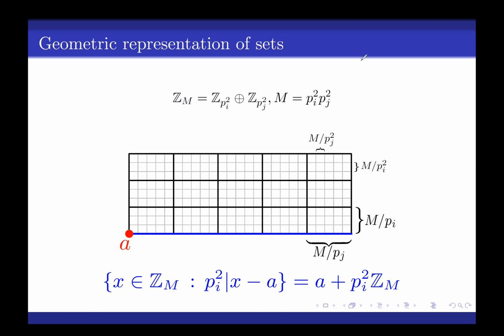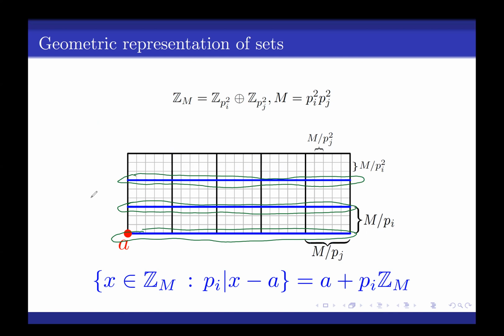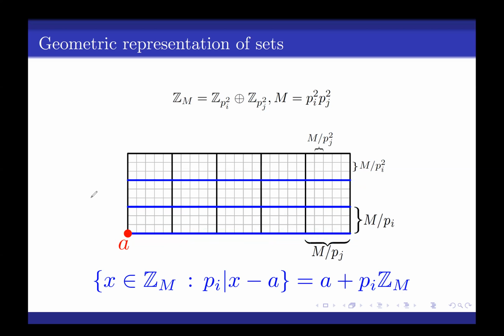In a similar way, if we look at the union of all the lines whose pairwise distances are M over pi, the union of all of these lines is the coset of all the elements of Zm whose difference with x is divisible by pi. This representation turned out to be quite useful for us, which is why I'm spending some time explaining these pictures.